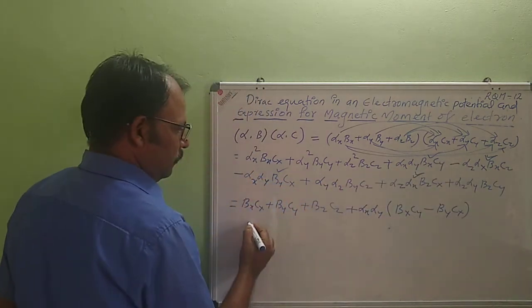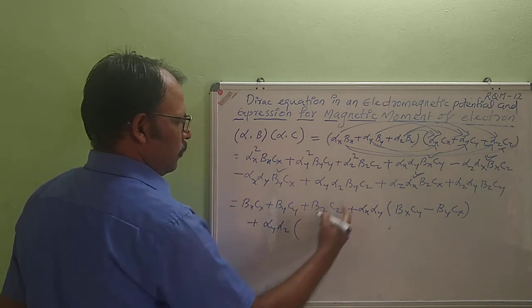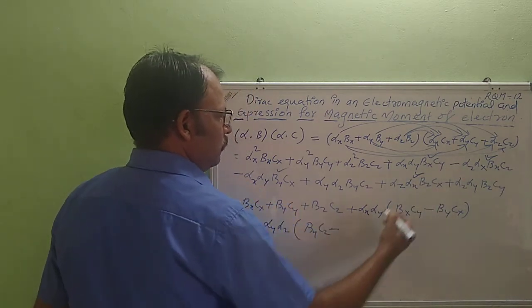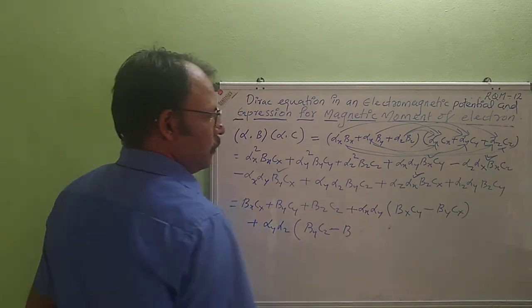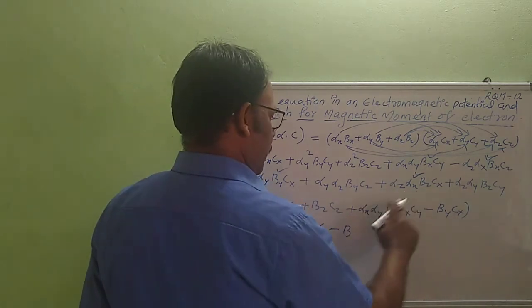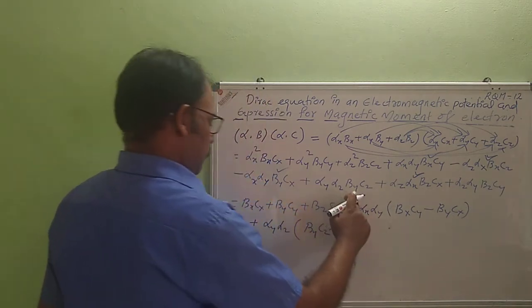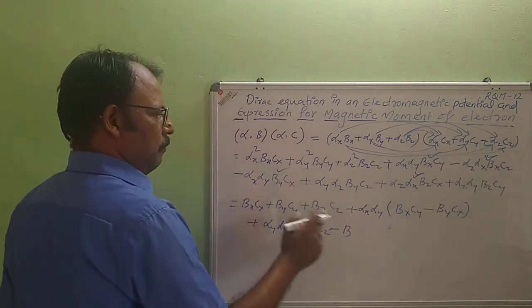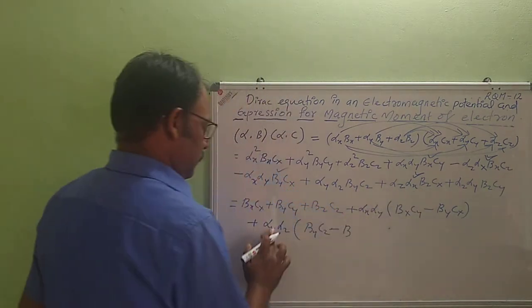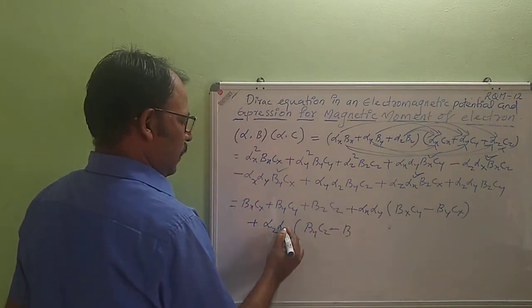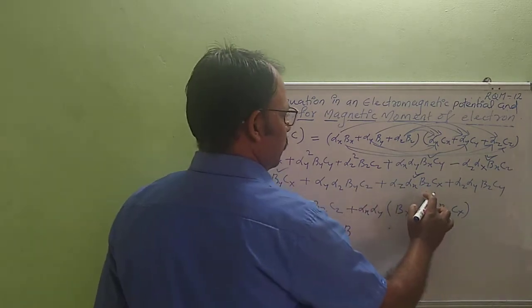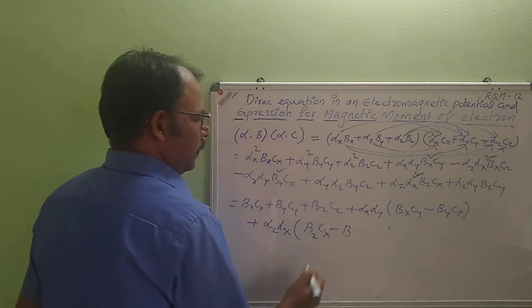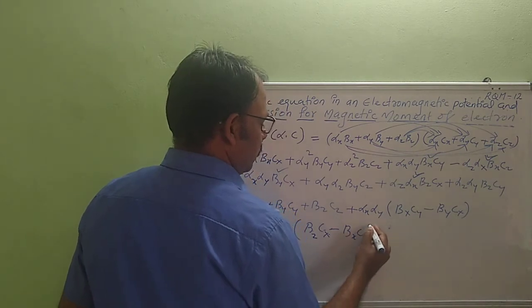Then we have plus alpha z alpha x into Bz Cx minus Bx Cz.